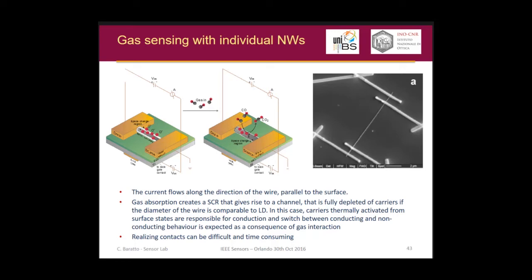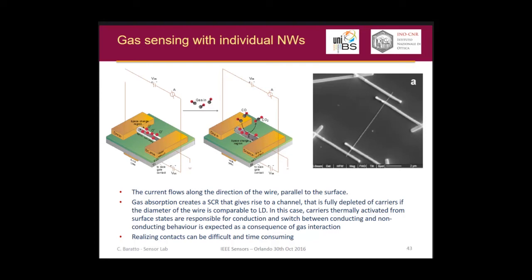And when you select a single nanowire, you can really investigate one nanowire, and if you properly select the size of your nanowires, you can have small nanowires and big nanowires, and you can investigate what happens. Here you have depicted that the oxygen ions adsorbed over the surface are depleting the nanowires, and when you have the gas, the electrons are released back and you have an increase in the conductance.